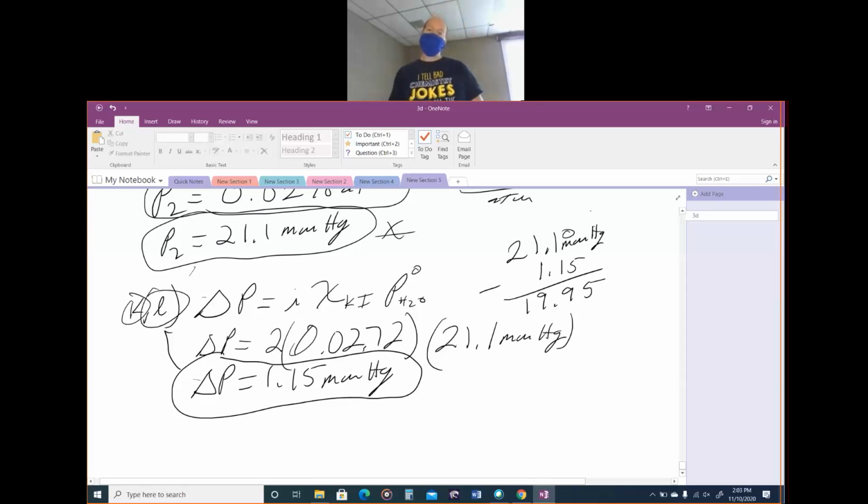All right, which if you were then going to round it, it would round to 20.0 millimeters of mercury. So that is the pressure of your solution.